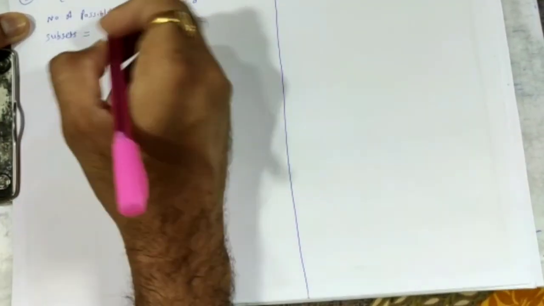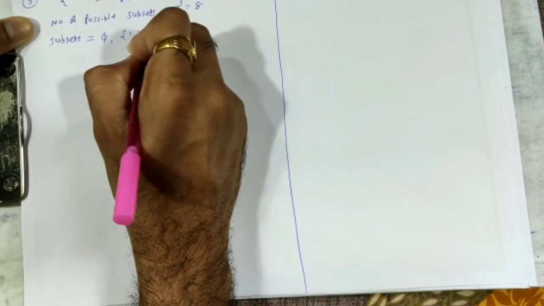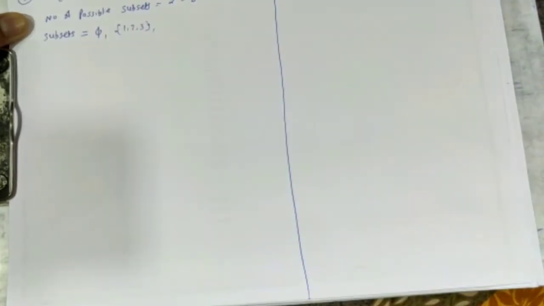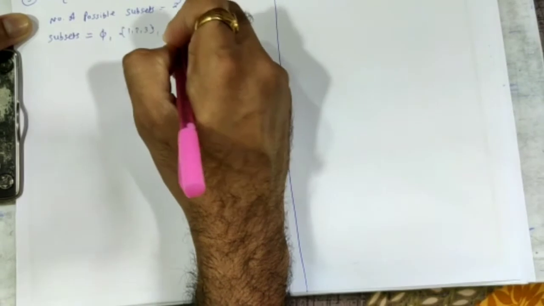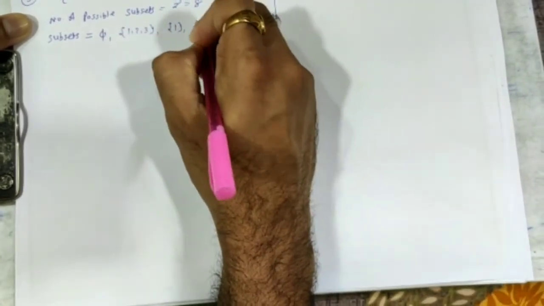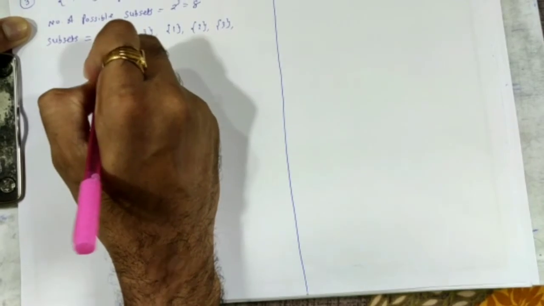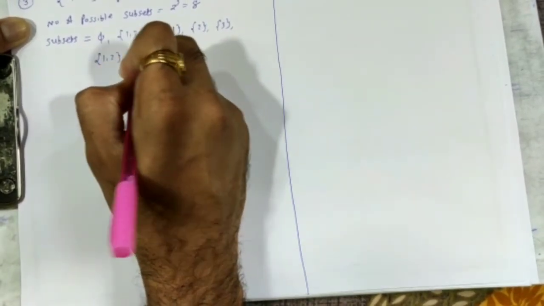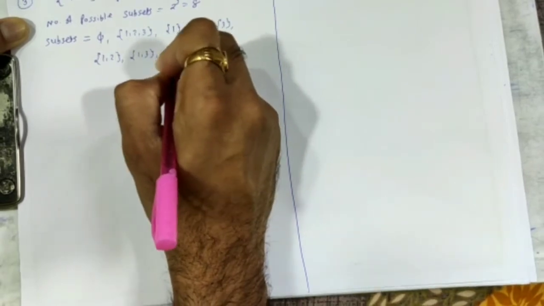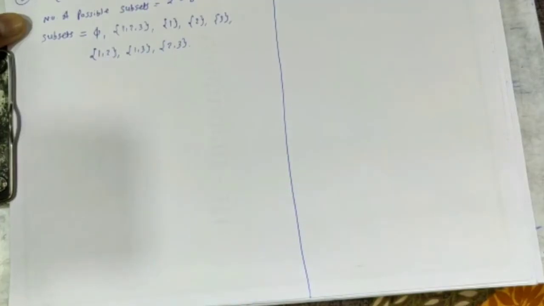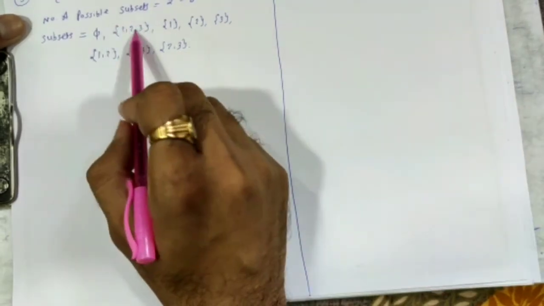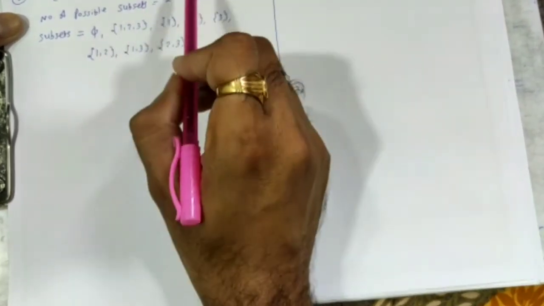So subsets are, we'll start with the null set, then set itself. Then you have to write the set with one element. So we can take 1 as element, 2 as element, 3. Done. Then we have to consider a set with two elements. So it's a 1, 2, 1, 3, and 2, 3. Done. Okay, 1, 2, 3, 4, 5, 6, 7, 8. So total 8 possible subsets are there.